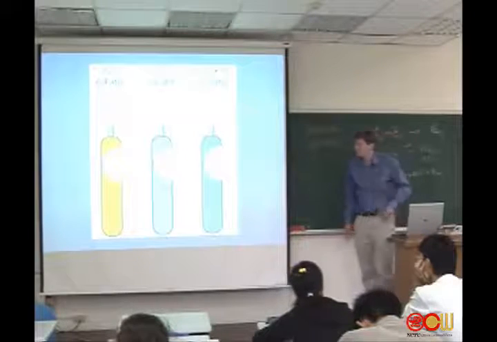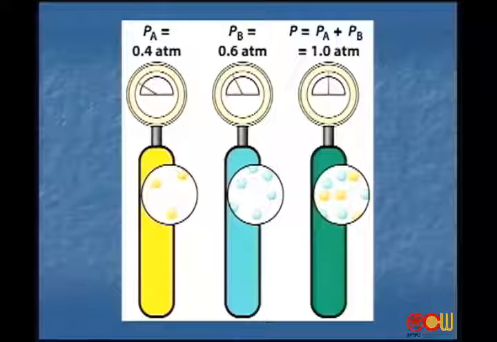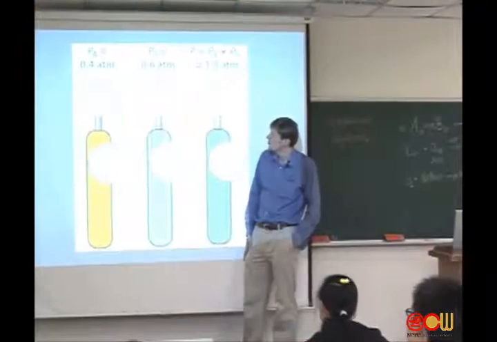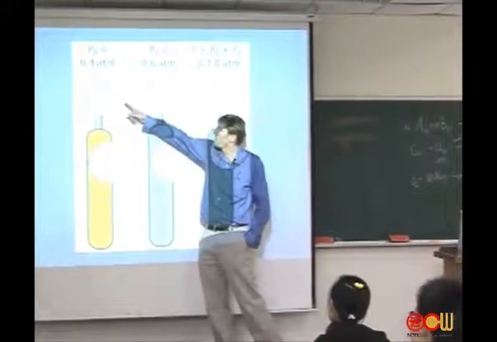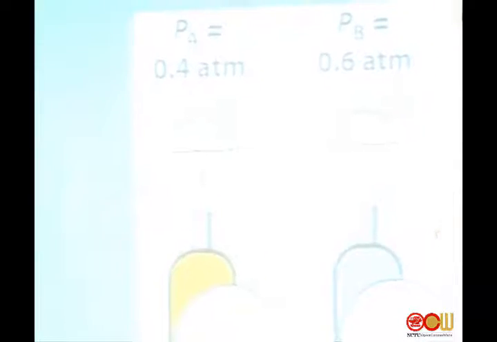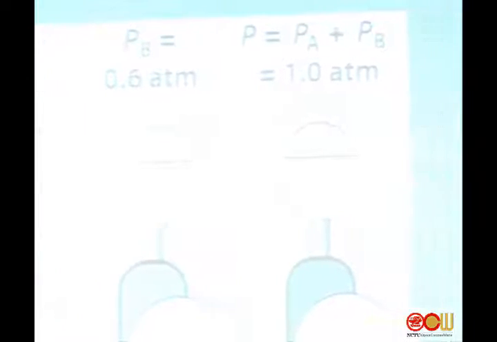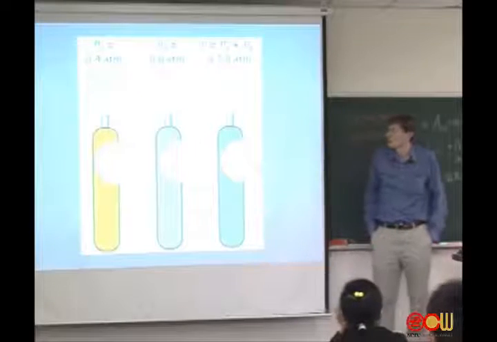Here is another rule. When we are mixing two different gases together, so gas A, which is red, and gas B, that is blue, and one of them has the pressure 0.4 and another pressure 0.6, after mixing, the pressures just add together, PA plus PB. This is very easy to imagine.